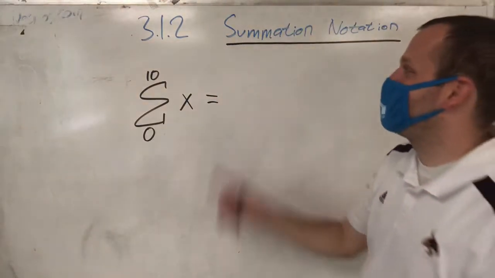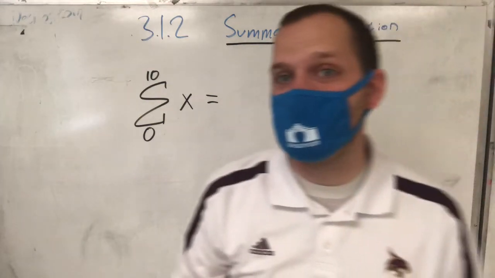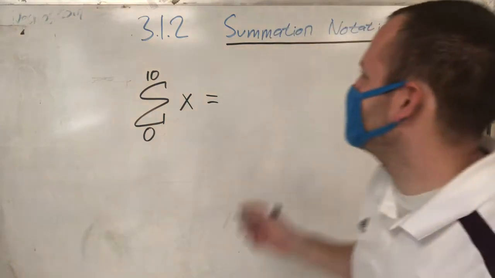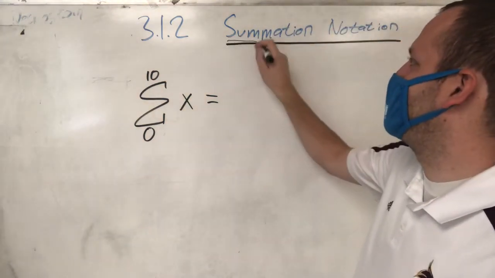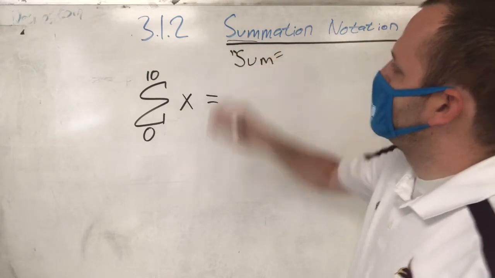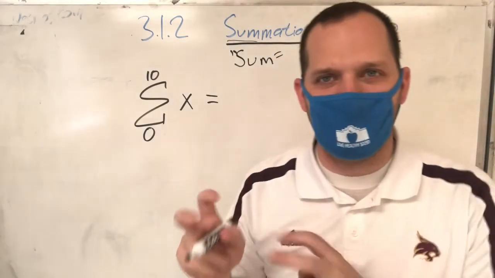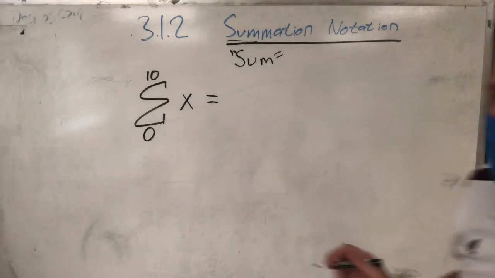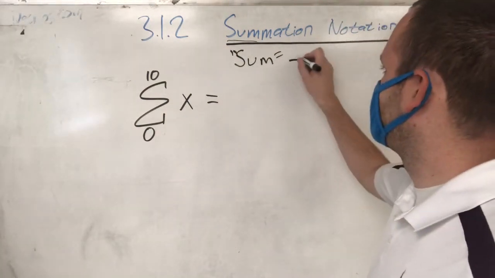Today we're talking about something called summation notation. Now, summation notation is pretty straightforward. If you look at the first three letters, sum. In math, what is a sum? Help me out. A sum means to add.